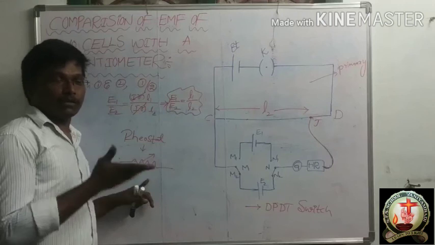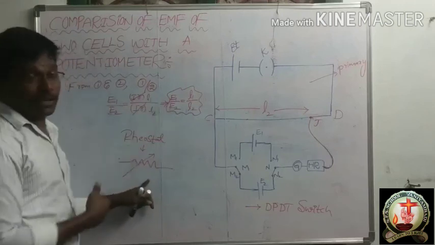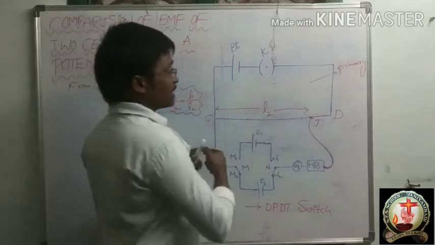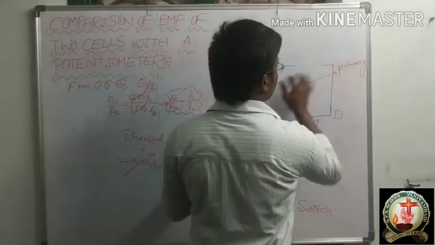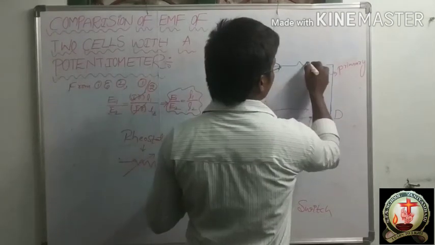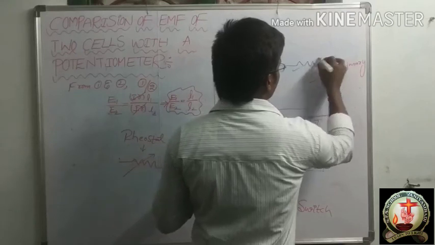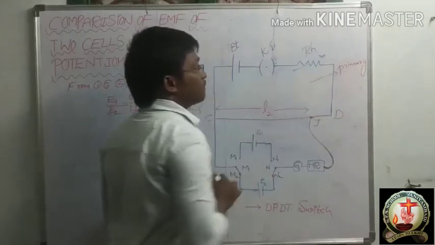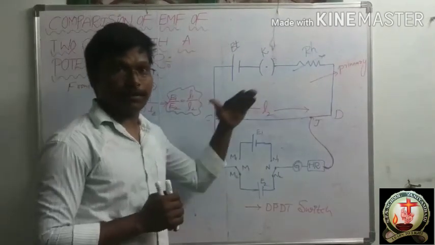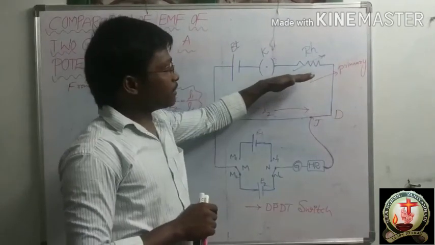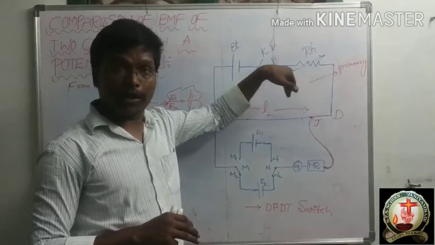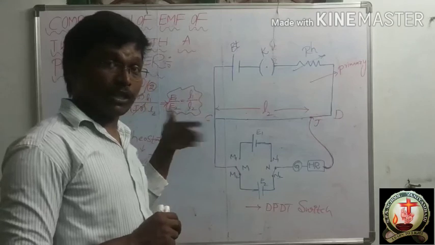Here in our electrical circuit, I am going to connect this rheostat. This is the rheostat, RH. Whenever we connect this rheostat in our electrical circuit, as I told before, we are able to change the values of current.